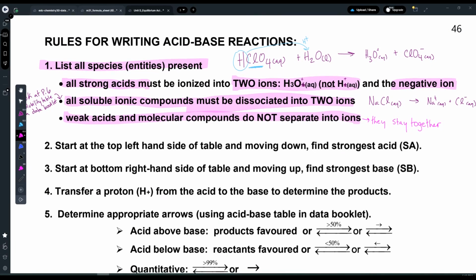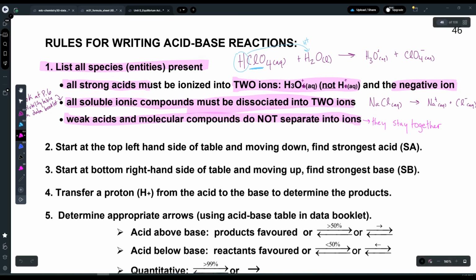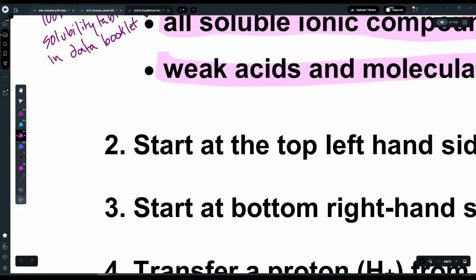Then step 2, you're going to start at the top left-hand side of the table on page 8 and 9 of your data booklet. Moving down, you're going to find the strongest acid, which is abbreviated to SA. Let's write in here that we're talking about page 8 and 9 for steps 2 and 3.